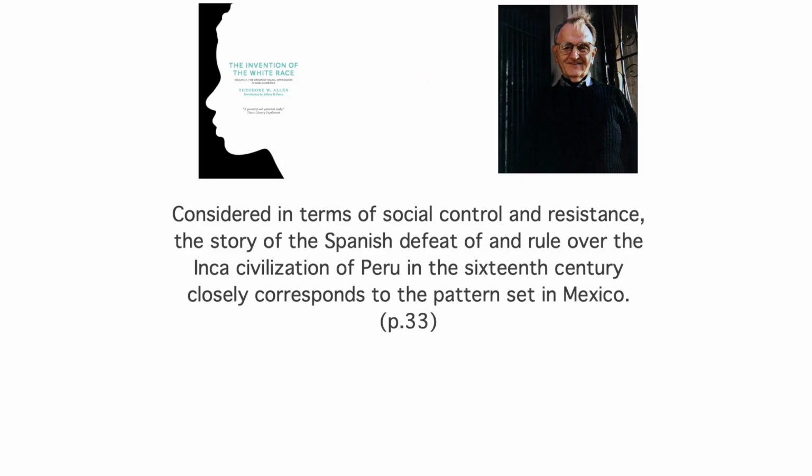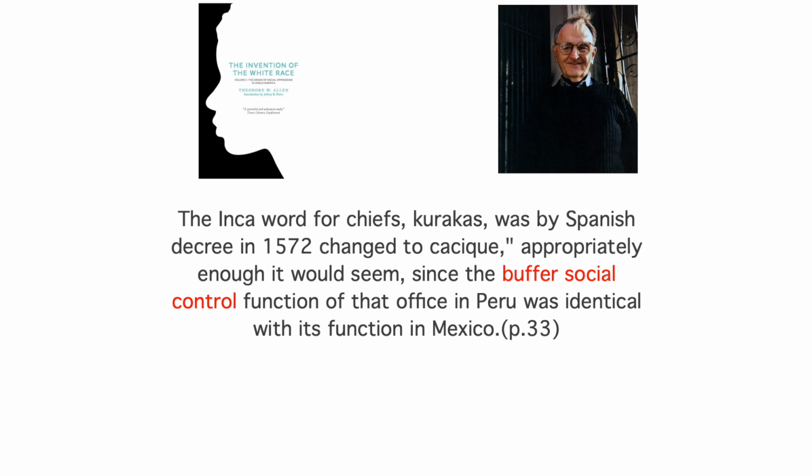Considered in terms of social control and resistance, the story of the Spanish defeat and rule over the Inca civilization of Peru in the 16th century closely responds to the patterns set in Mexico. The Inca word for chiefs, curacas, was by Spanish decree in 1572 changed to cacique.